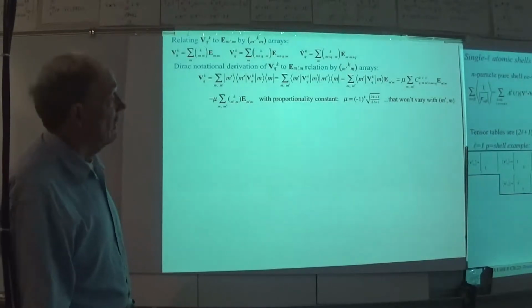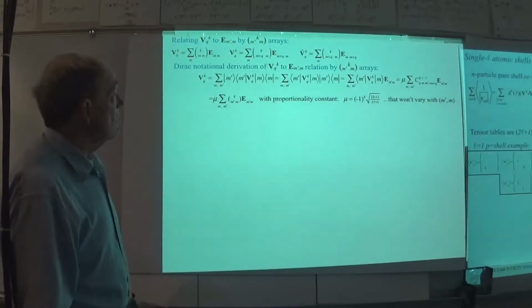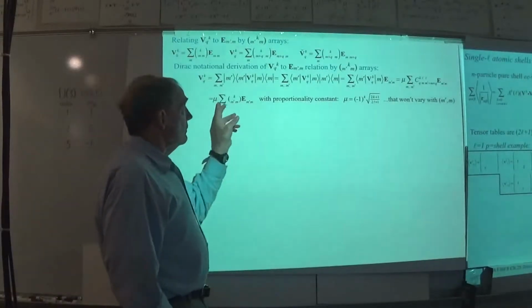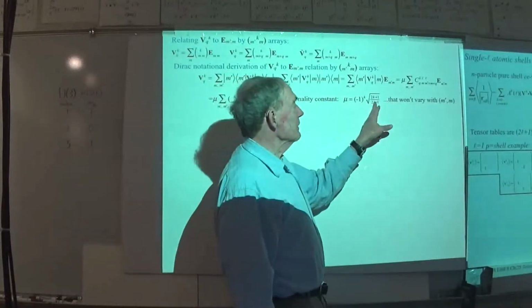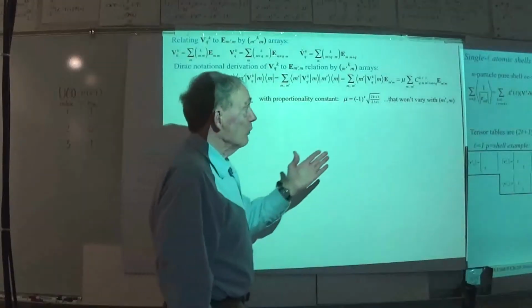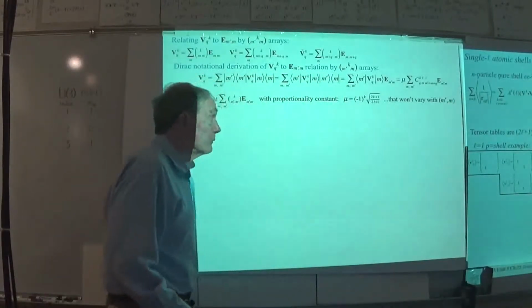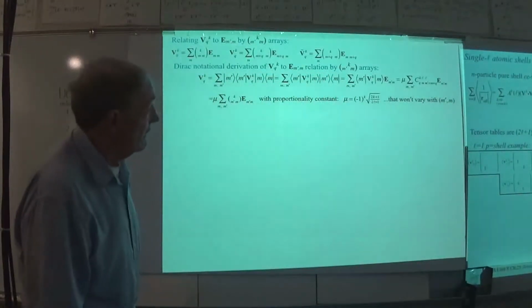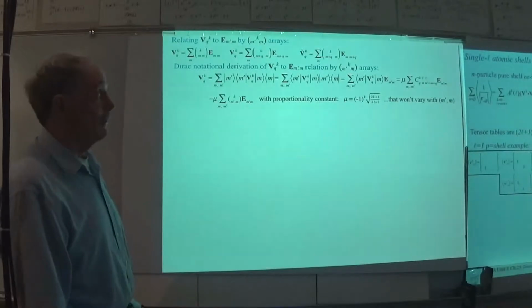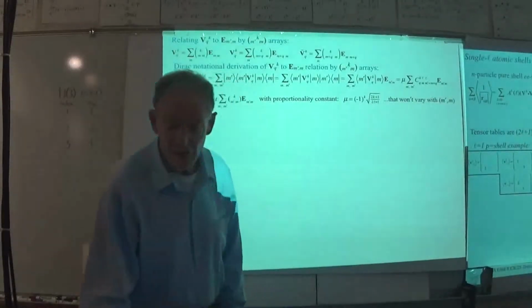Index numbers for us, 1, 2, and 3 for our P shell. So this mu has this proportionality constant that we saw in the previous thing. That won't vary with those numbers, so you can use it. Just be careful when you change rank. It does vary with rank, and if you're going to another shell, of course it's going to change because the L will change then.